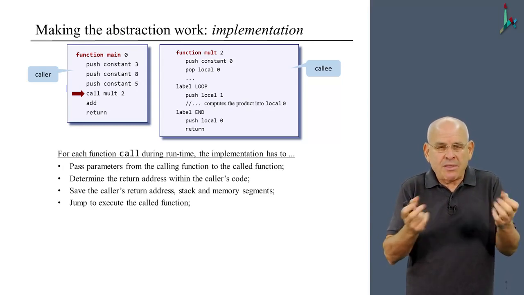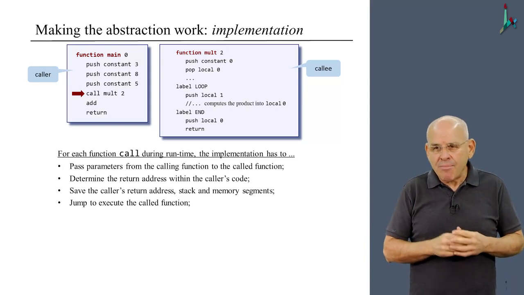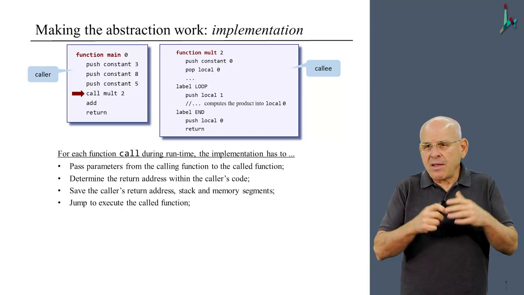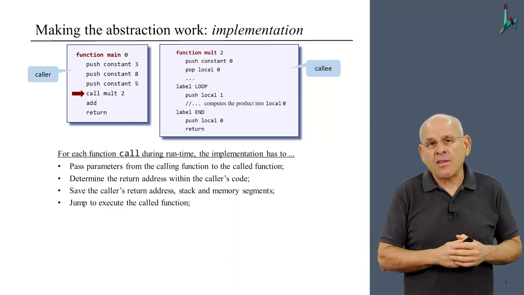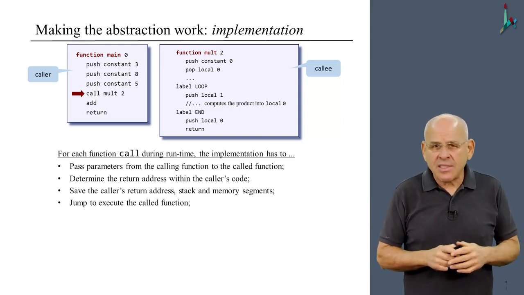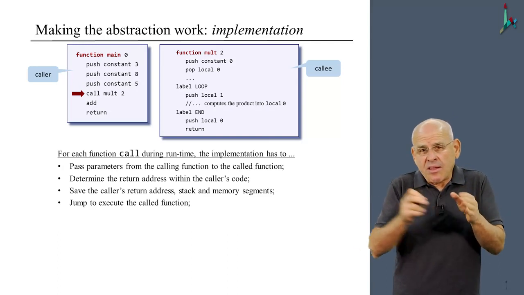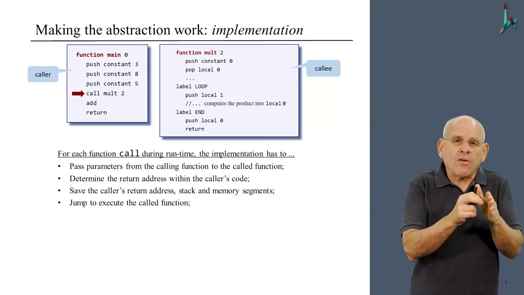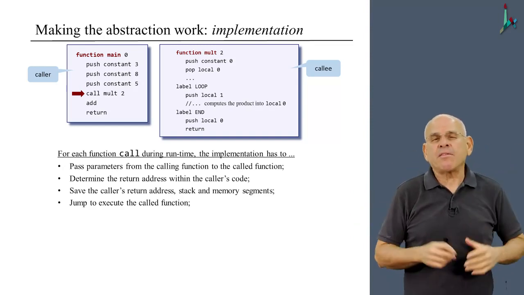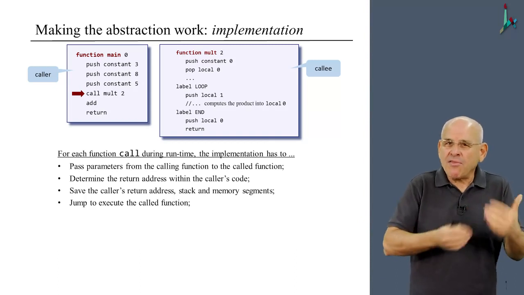Then we save the return address somewhere. I mean, when you say remember, it has no meaning, right? We have to save it somewhere in memory. And we also have to save the current state of the caller. The state consists of the working stack of the caller and the memory segments. Everything has to be saved so that when we return to the caller's code, we will be able to recreate the private world of main and continue executing as if nothing happened, right?